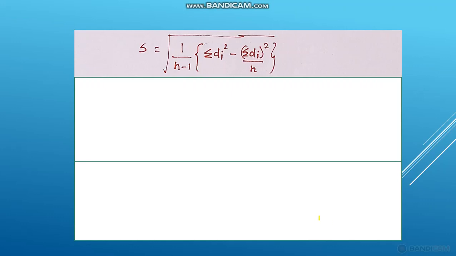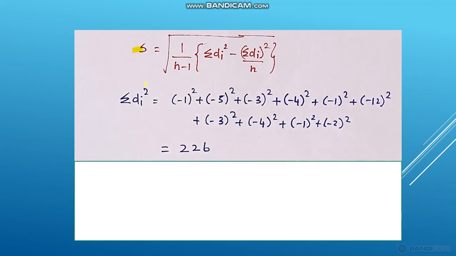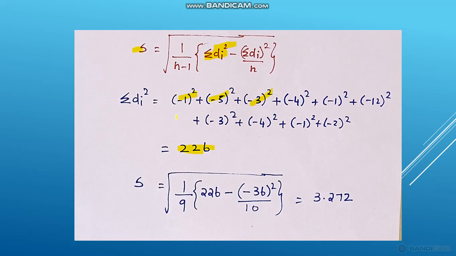Next you find the sample standard deviation. For this you need the summation of d squared, which is minus 1 squared plus minus 5 squared plus minus 3 squared, like this, and the answer is 226. Then you substitute this value.